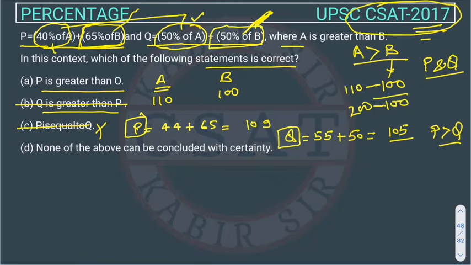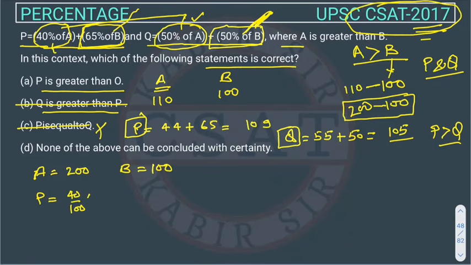Now let's assume the second case, where A is 200 and B is 100. What will P be here? P will be 40% of 200, plus 65% of B. So it will be 80 plus 65, which is equal to 145.